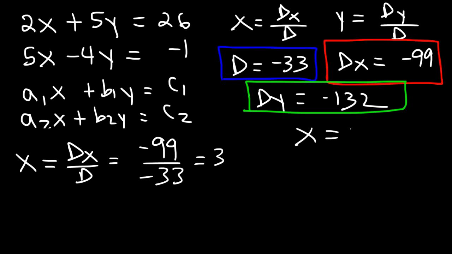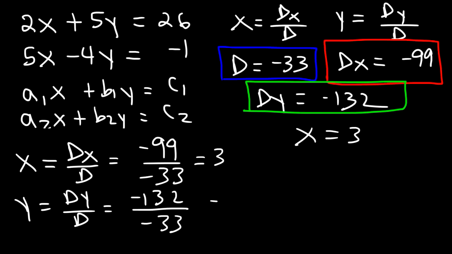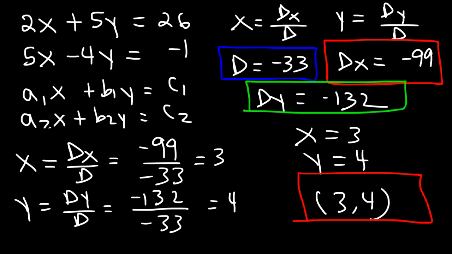So x is 3. Now y is going to be dy over d, which is negative 132 divided by negative 33, and that's 4. So y is equal to 4. So the solution is 3, 4, and that's the answer. So now you know how to solve a system of linear equations with two variables using Cramer's rule.